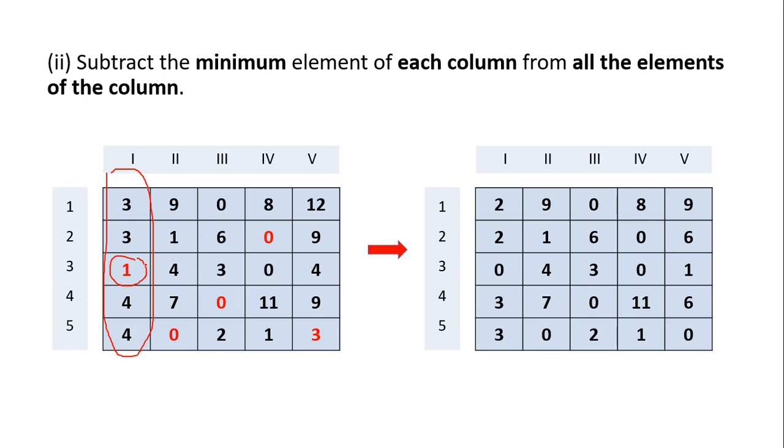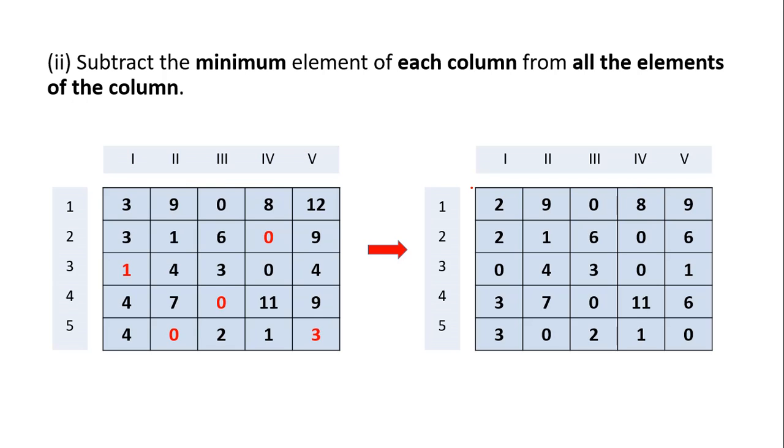When we subtract this value from the other elements in the same column, 3 minus 1 gives us 2, same here, and 1 minus 1, including that number we have to subtract, becomes 0. 4 minus 1 is 3, 4 minus 1 again 3. Likewise all the columns are computed: this column, this column, this column, this column, this column. In all the columns the least value is subtracted from all the other elements, and the new table is formed.